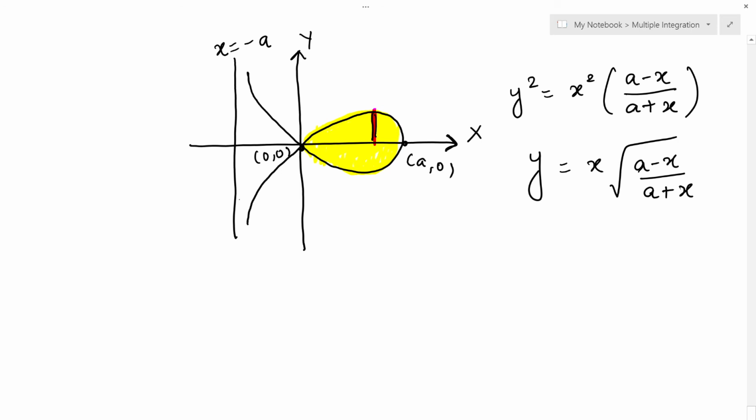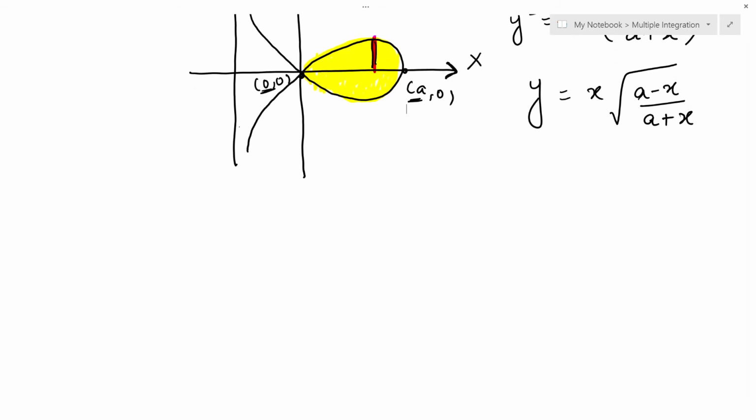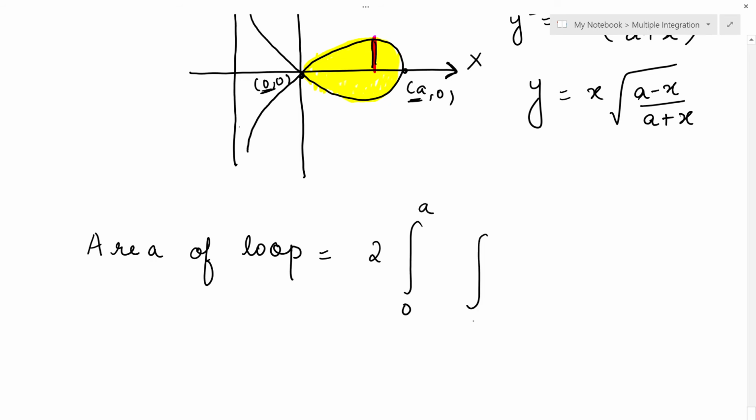Now the strip travels from left to right, so here you have 0 and here you have a, so the outer limits will be 0 to a, right? So the area of the loop will be nothing but 2 into the integral from 0 to a and 0 to x under root of a minus x upon a plus x.